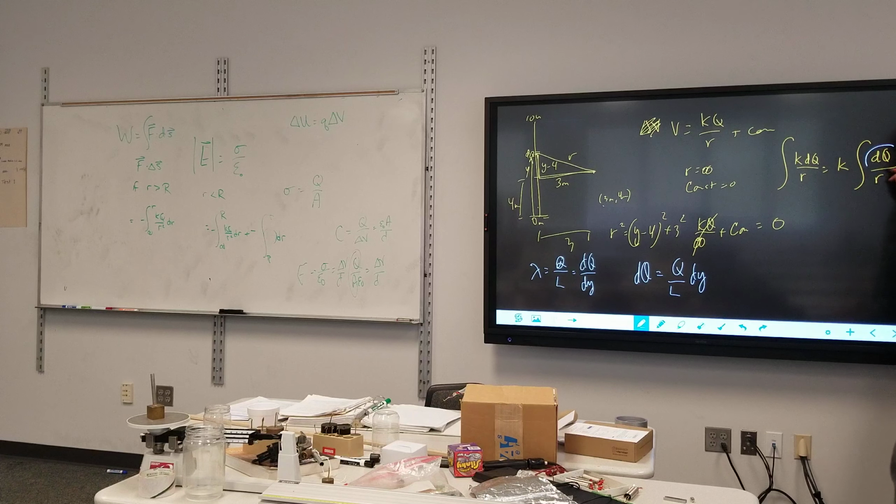So that's gonna go in for dq. I still have two variables, y and r now, but I have a relationship between r and y right here. And so I've now broken this down into k, big Q over L, integral dy over the square root of y minus 4 squared plus 3 squared.